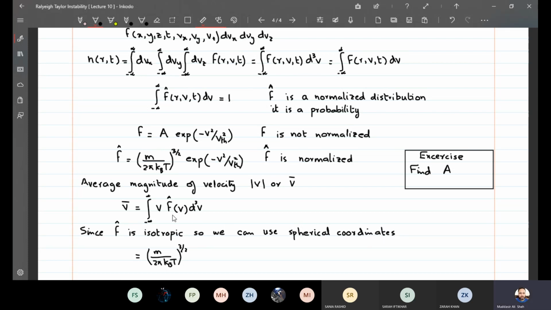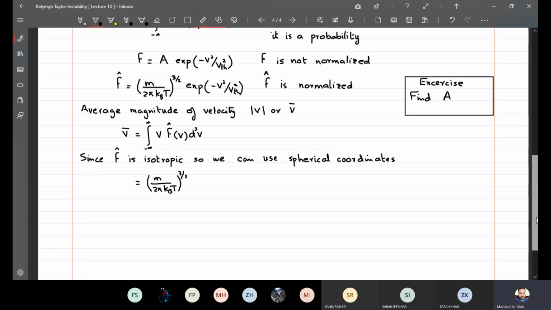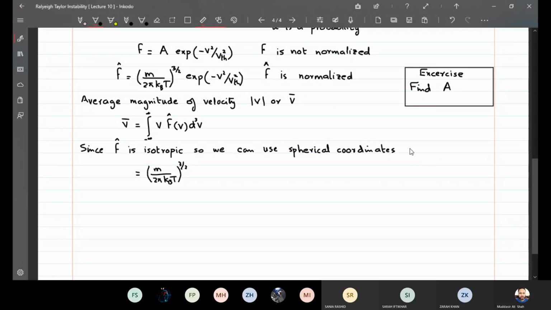It will depend on the distribution, which volume element you are going to take. As I'm using spherical coordinates, we can write this volume element d3v as 4 pi v square dv.